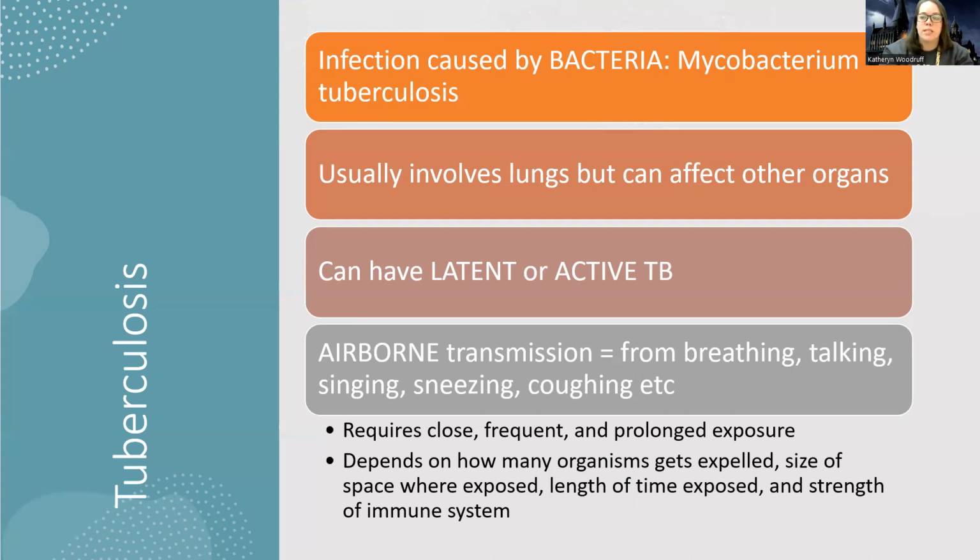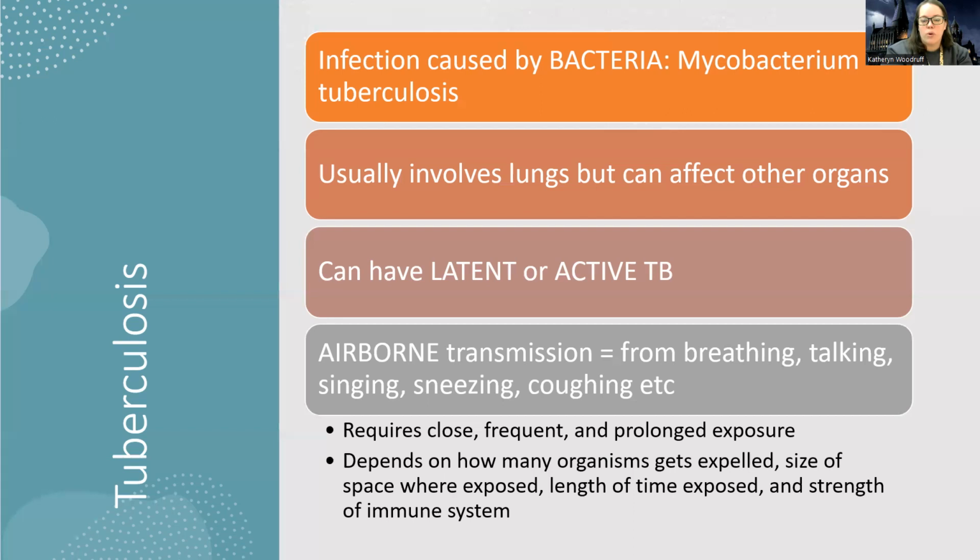Airborne means all I have to do is be in the same space as someone, whereas with pneumonia, a lot of times, even people with pneumonia aren't usually in isolation at all. But airborne isolation has a higher transmission rate than what you might see for pneumonia.